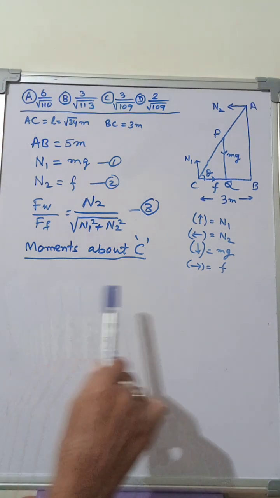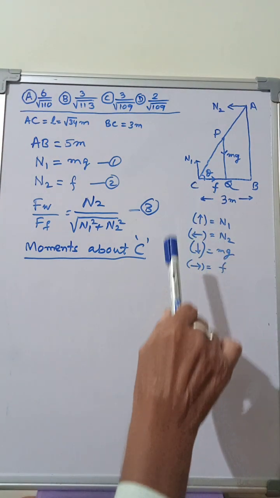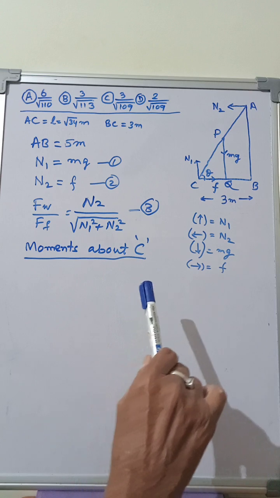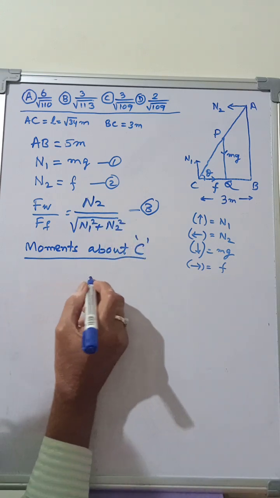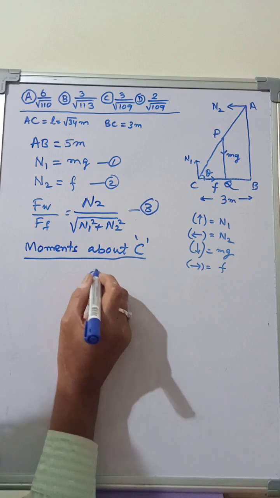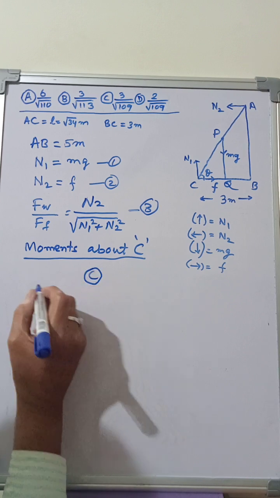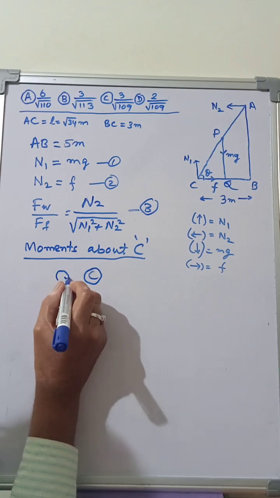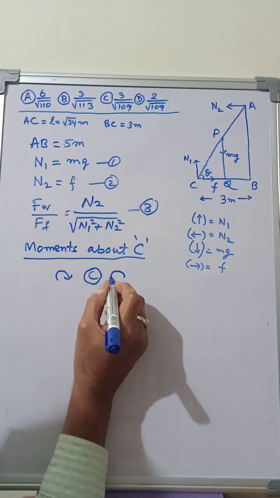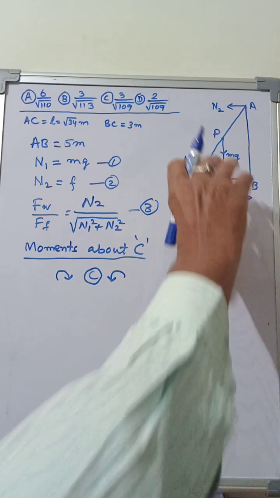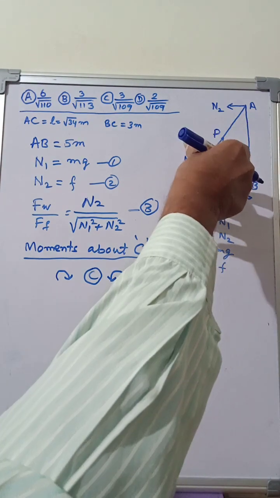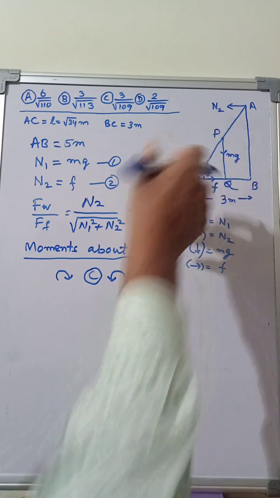Now we'll take moments about C. For rotational equilibrium, the clockwise moment should be equal to anti-clock moment. So at C, we have to see that clockwise moment and anti-clockwise moment should be equal. Clockwise moment is produced by weight of the ladder mg, this way.